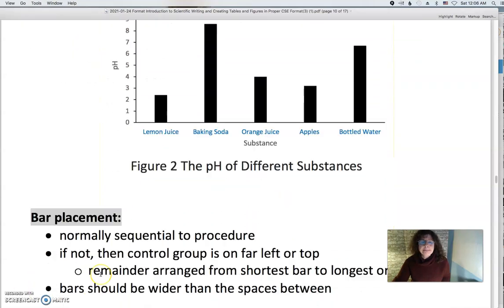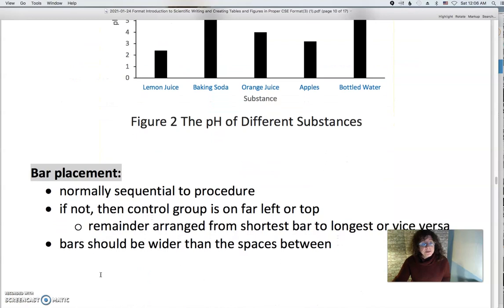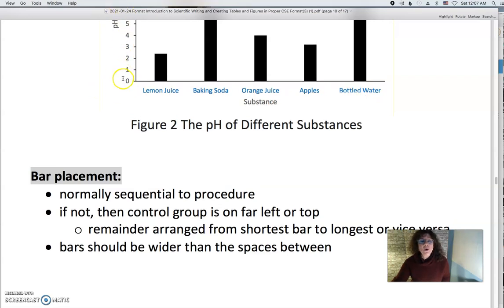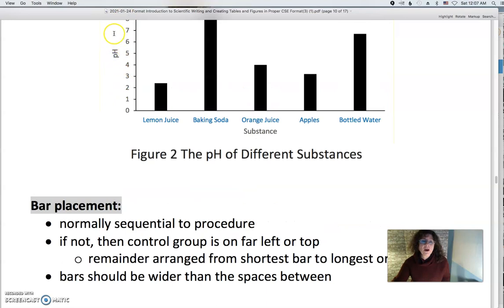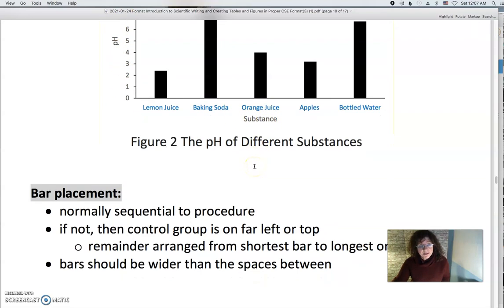Same thing on bar graphs, you're going to be having the figure underneath the bar graph, and you're going to have the title underneath the bar graph, and you are going to have the x-axis as your independent variable, and you're going to have your dependent variable on the y-axis. You are also going to have your axes labeled, and you will always need units.